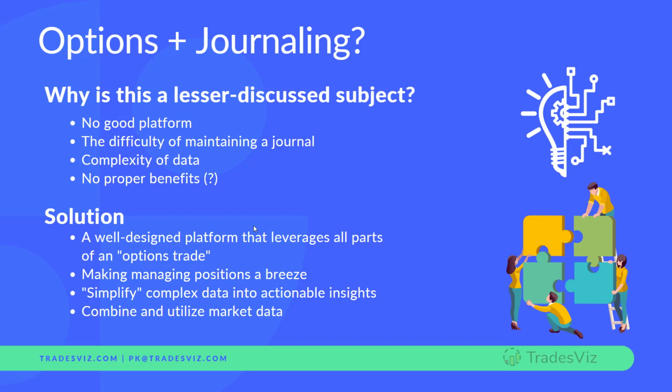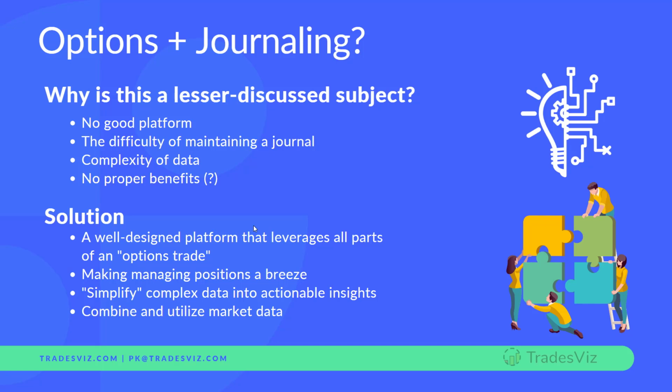The solution to all of this is a well designed and thought out program or platform that can leverage multiple parts of the options data that you import into the platform. And the way to do this is to think about how the data can be useful to the trader. A single options trade has a lot of data attached to it, unlike a stock trade wherein you only have the underlying, the quantity, and the price.